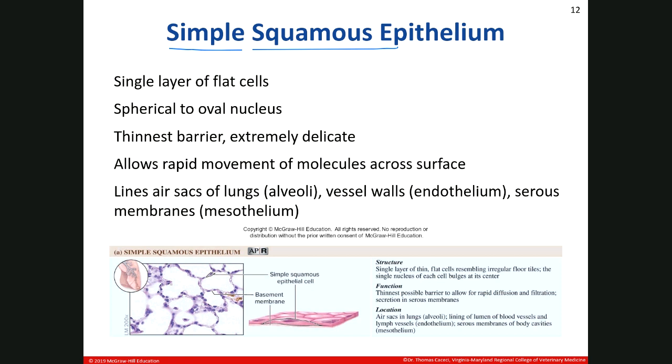This is the thinnest possible barrier, and you want thin barriers when we're going to do certain types of functions like absorption, secretion, and filtration. So this is great when we're talking about the lungs. It allows rapid movement of molecules across this barrier. Oxygen and carbon dioxide are our respiratory gases.